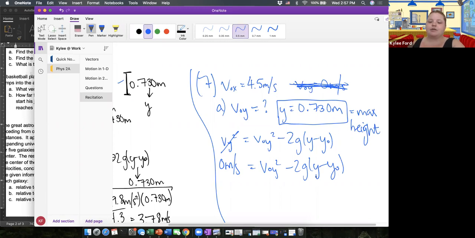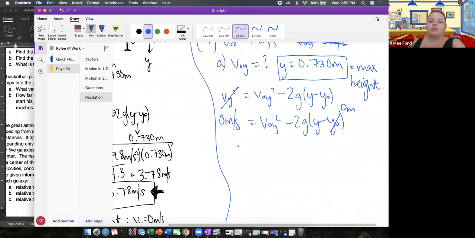I'm going to go ahead and define my y naught equals 0, and my y I can plug in here. Then I can solve for my V naught Y. So V naught Y squared equals 2G times y. I moved this over so it's positive, which is better than what we had last time.